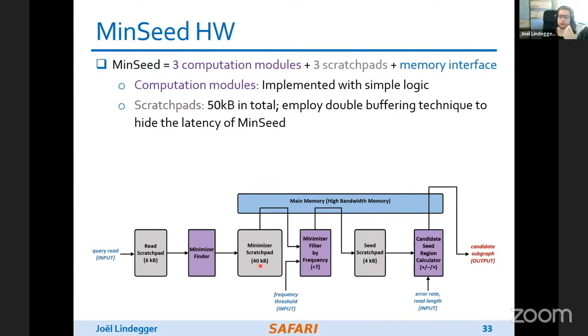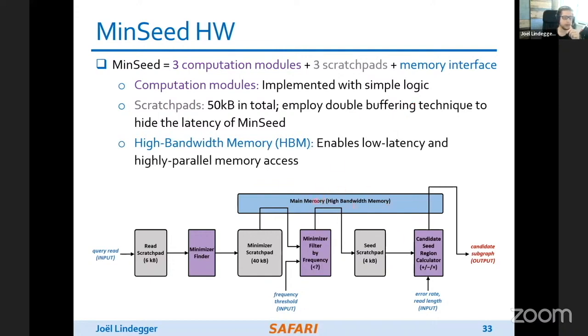If you compare that to a CPU, for example, CPUs have megabytes of cache. So 50 kilobytes of on-chip memory is fine. There's also some double buffering going on here. So essentially, you always have one copy ready in the scratchpad to send on to the next stage. So you always have a buffer in between, such that there's always input ready to work on again. This reduces your latency and makes sure that your critical path remains short.